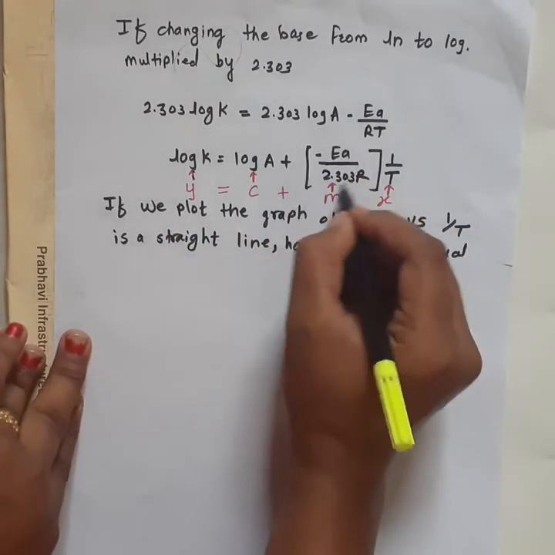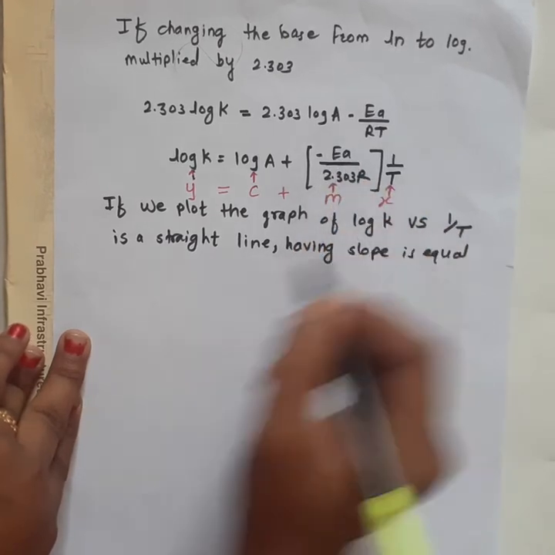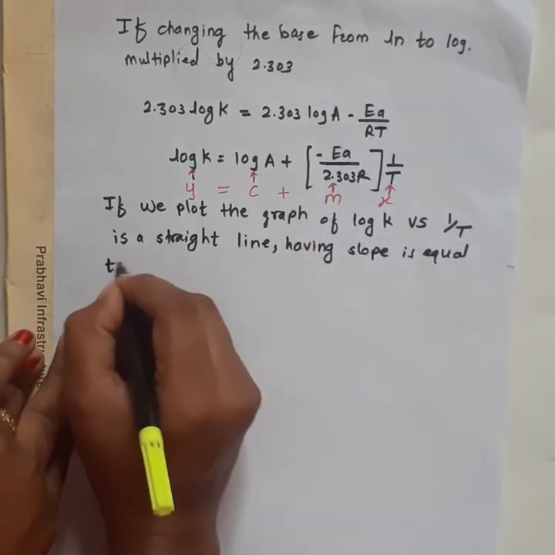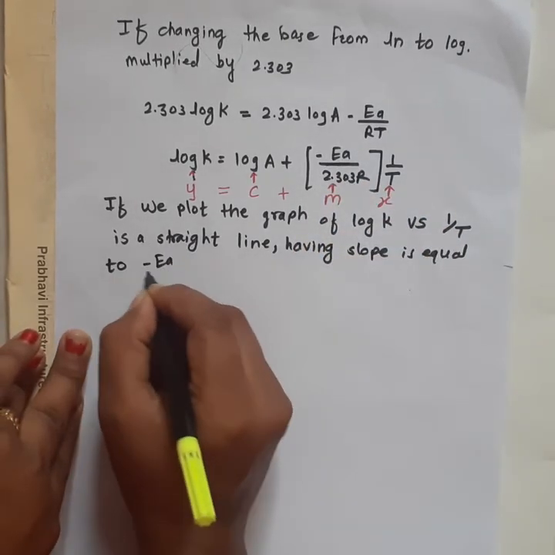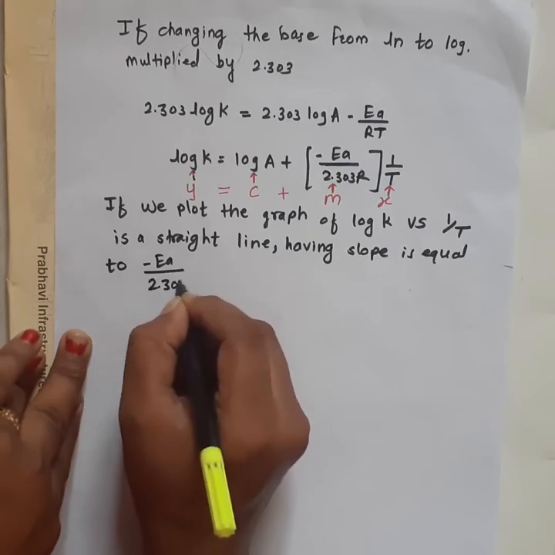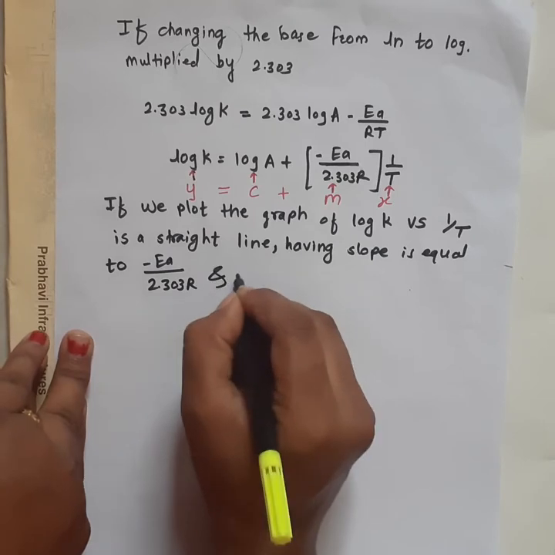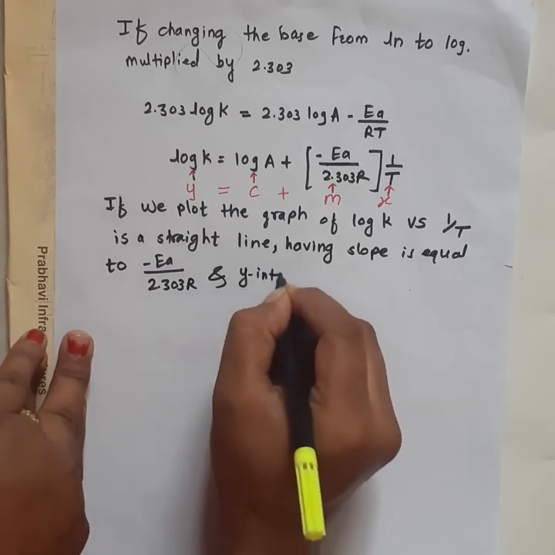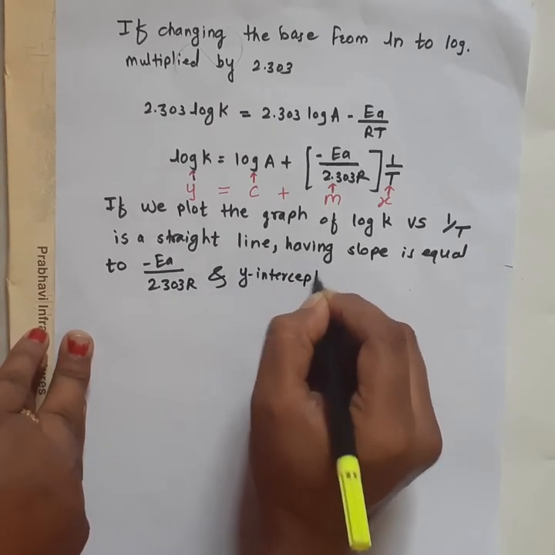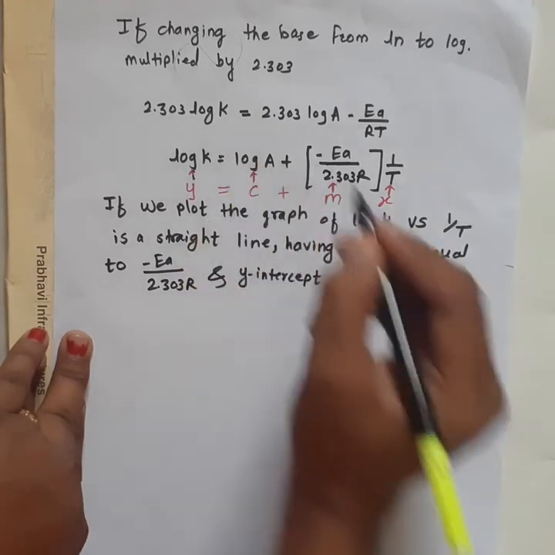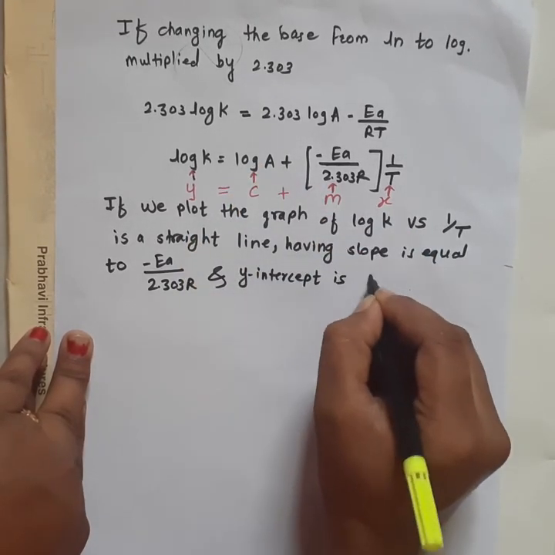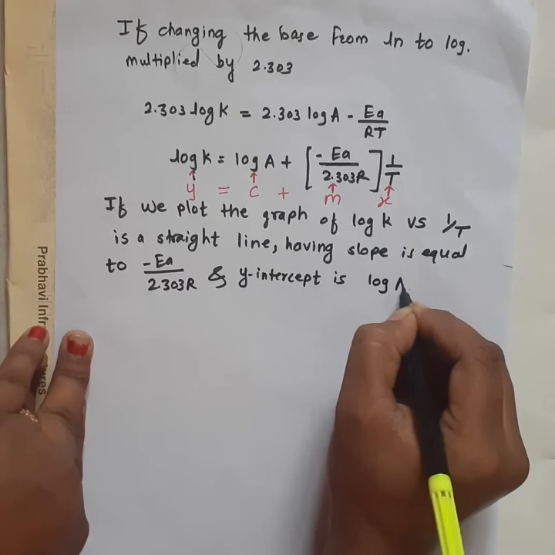So what is the slope? Slope is equal to minus Ea upon 2.303 R, and the y-intercept, that is c, is log A.